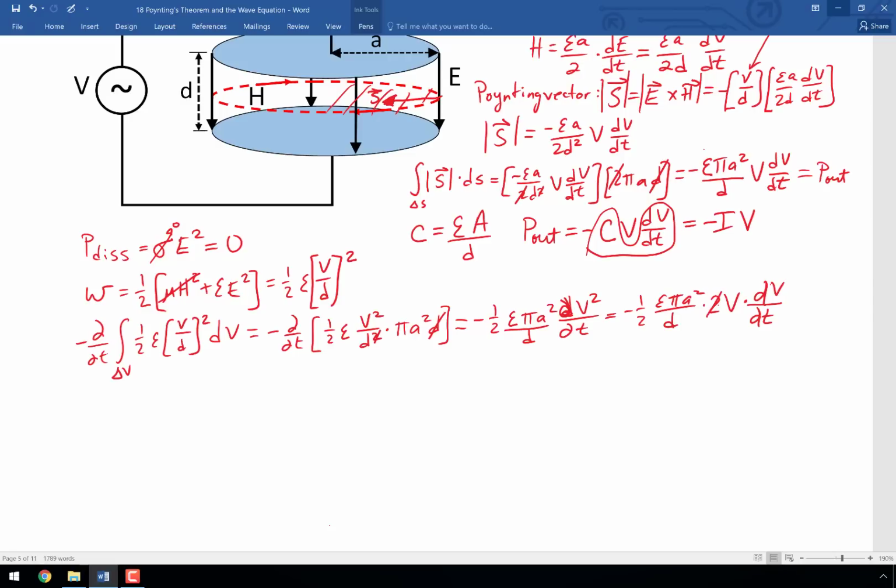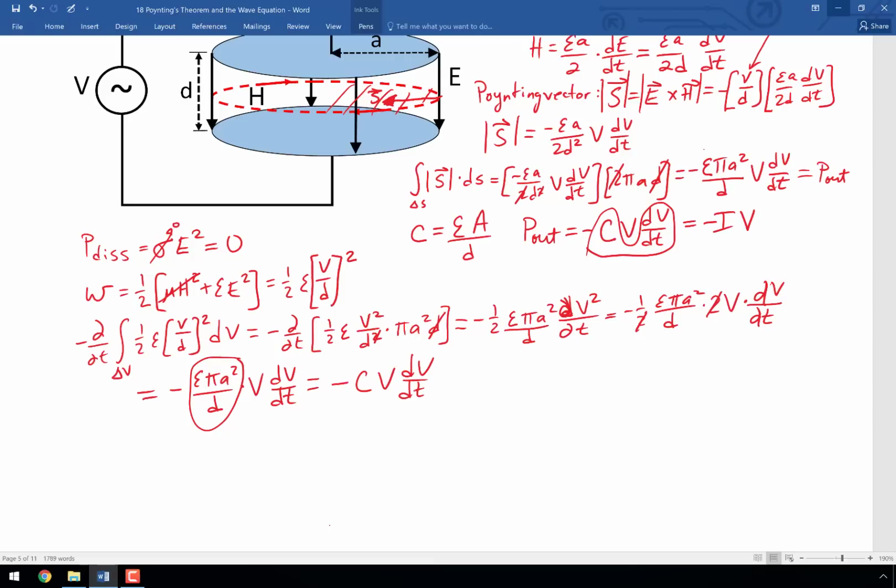So this 2 is going to cancel with this 2, and I'm left with negative epsilon pi a squared over d times v dv dt. And once again, I know that epsilon pi a squared over d is just equal to c. So this is minus c v dv dt.